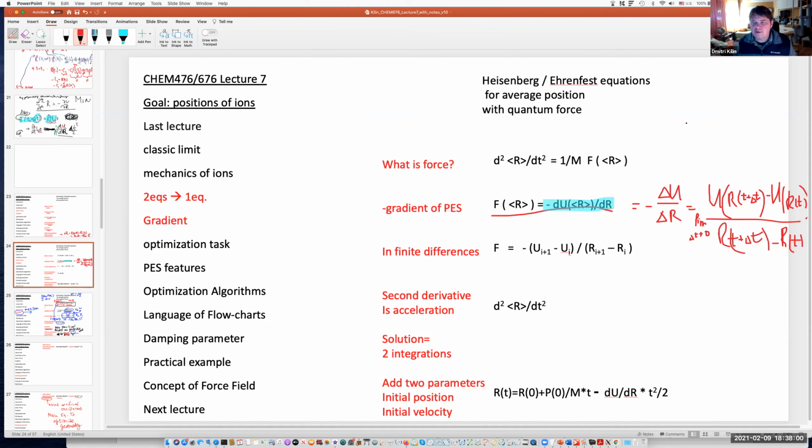If we say that t is our step number i, and t plus delta t is our step i plus 1, if we go forward in steps, not continuously as mathematicians, but discrete as computers, then this definition is reformulated this way.